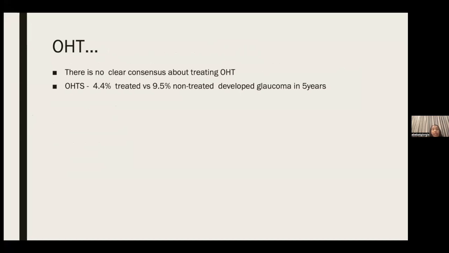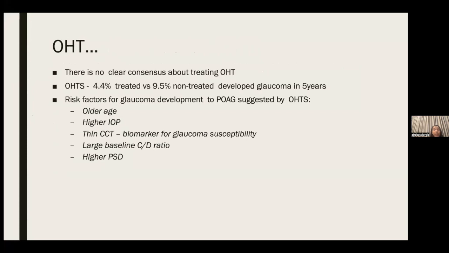And there is no clear consensus about treating ocular hypertension so far. The ocular hypertension treatment study has identified 4.4% treated versus 9.5% non-treated developing glaucoma in 5 years. So we have to consider risk factors for either treating or not treating patients with ocular hypertension.